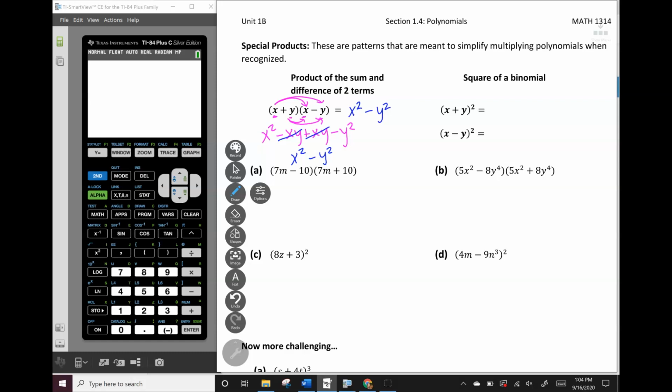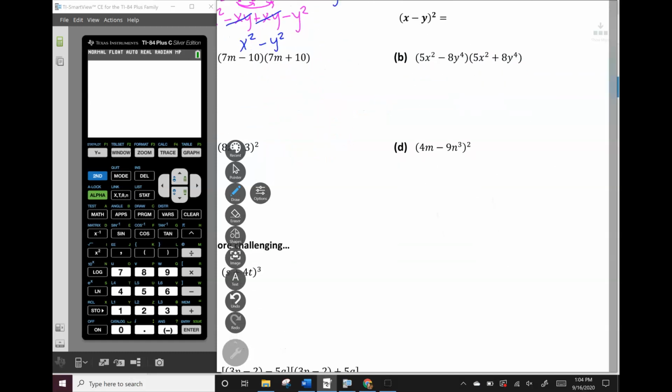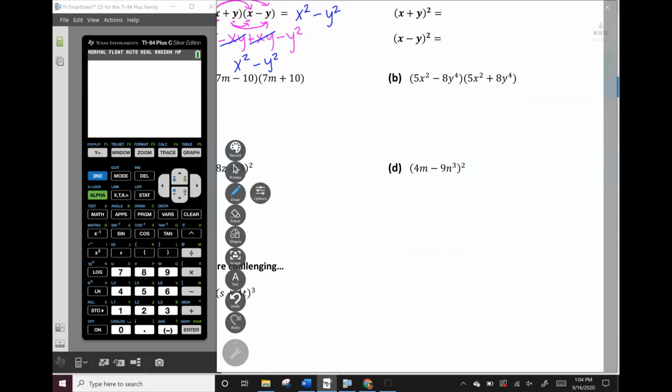Now the square of a binomial is also going to have a pattern. Let's just make a little room down here to try to see what that pattern is. x plus y, and we're going to square that, which we know means multiply it by itself, x plus y times x plus y. That's what that means.